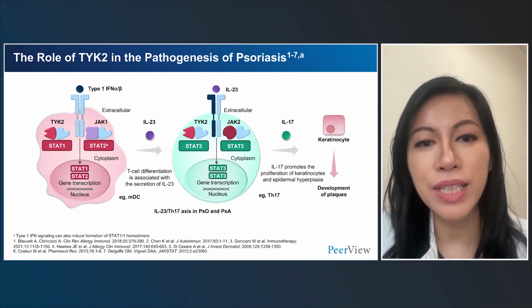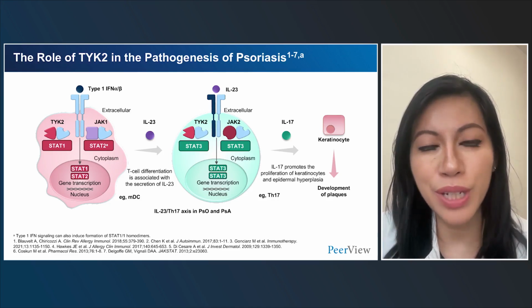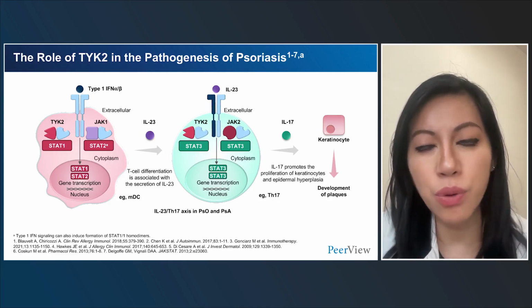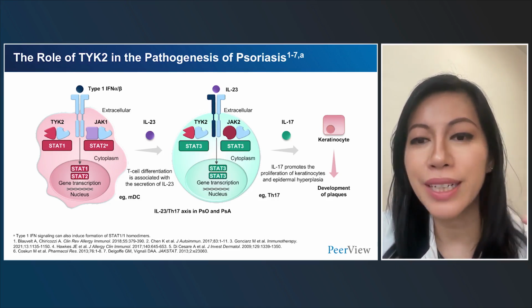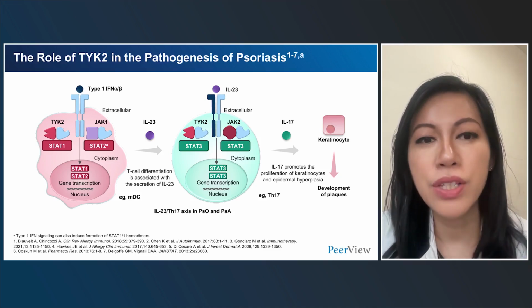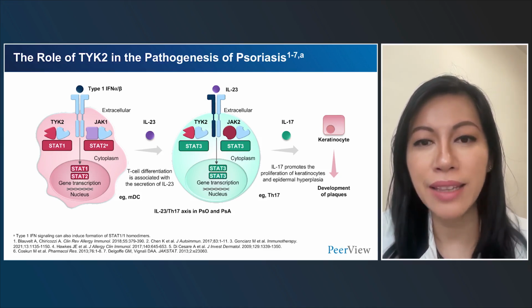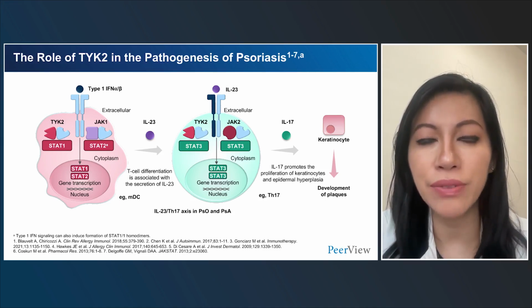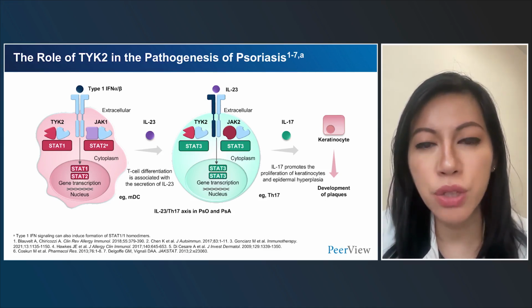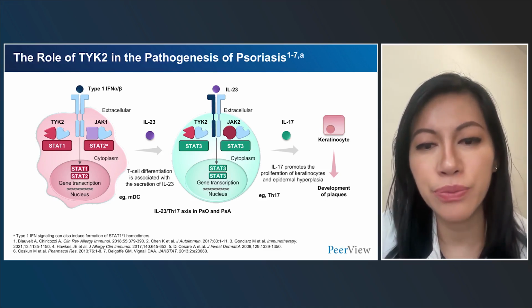Through that, you have expression of IL-23, and in order for the signaling of IL-23 to be transmitted, intracellular activities of TYK2 are involved as well. So essentially, when you want to have the intracellular signaling of type 1 interferon, and then later on the intracellular signaling of IL-23 to be mediated, both of those require the action of TYK2.